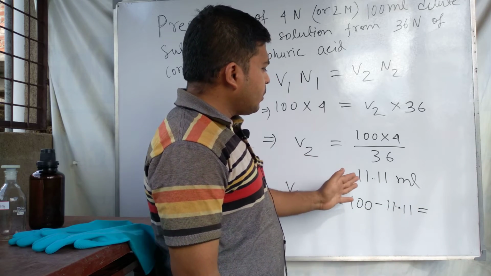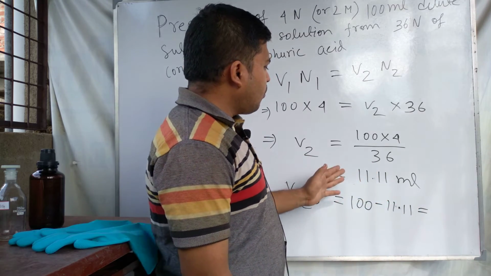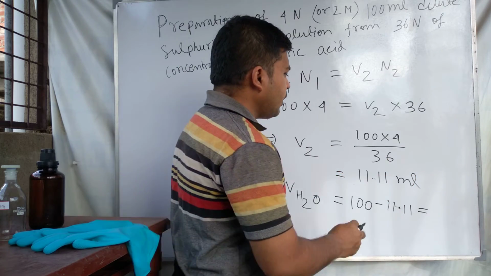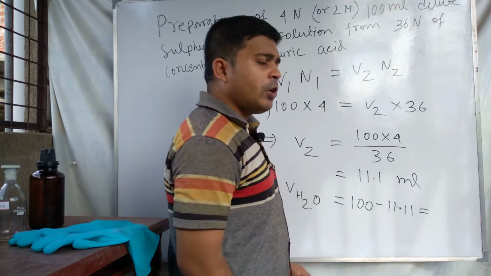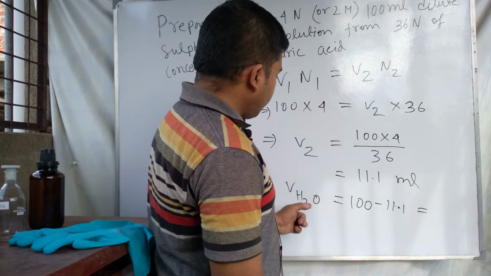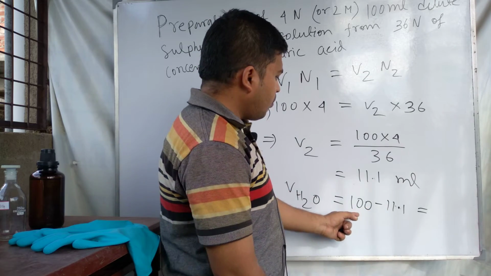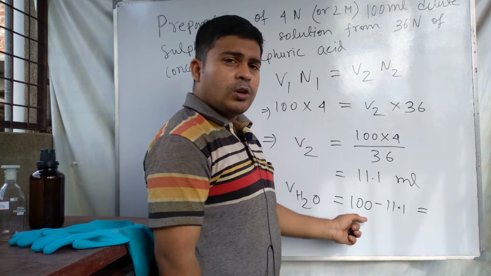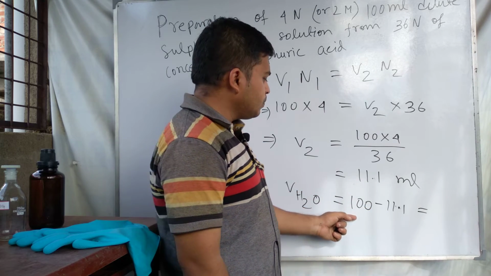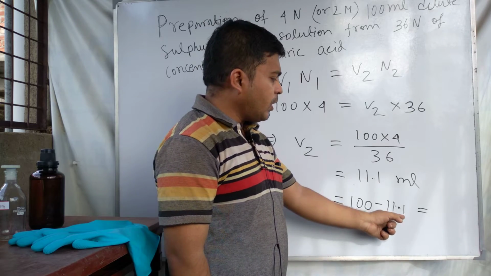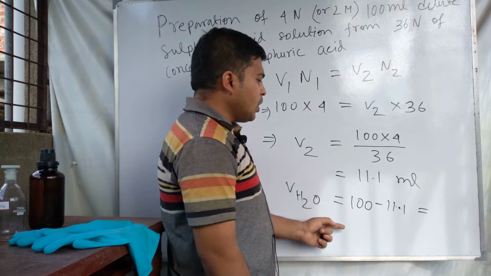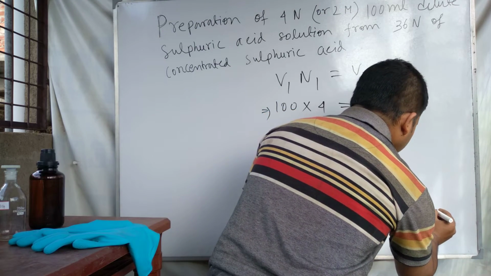The volume of concentrated sulfuric acid required is 11.11 ml, and we are taking it roughly as 11.1 ml. 100 ml is the total volume of the solution, and out of this 100 ml, 11.1 ml of concentrated acid is required. So the rest is distilled water.